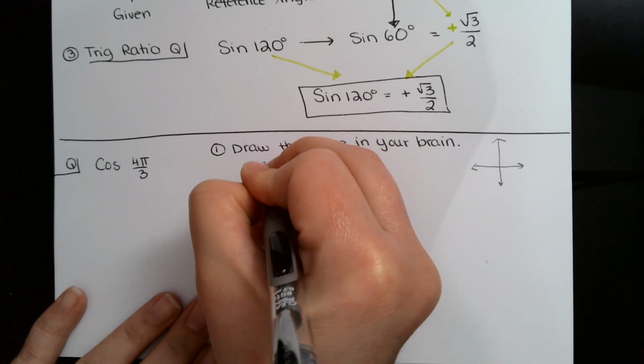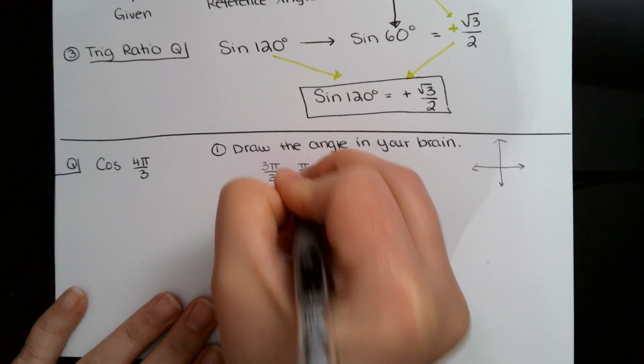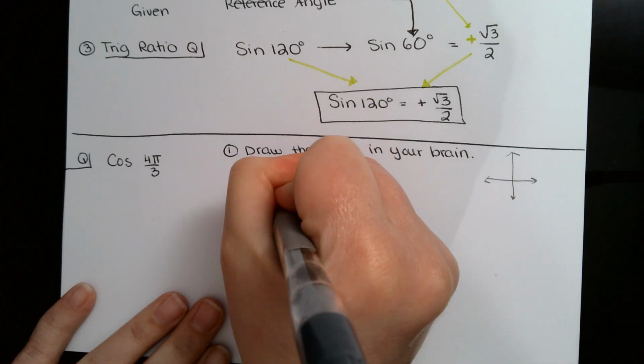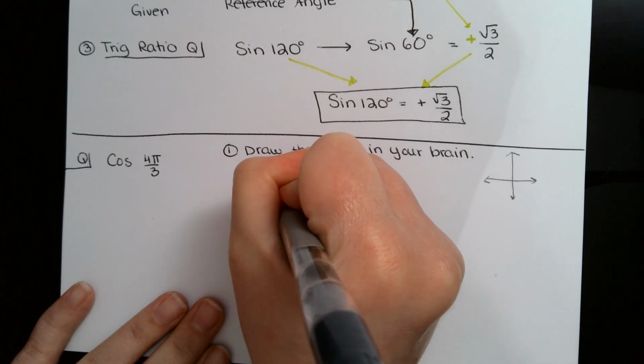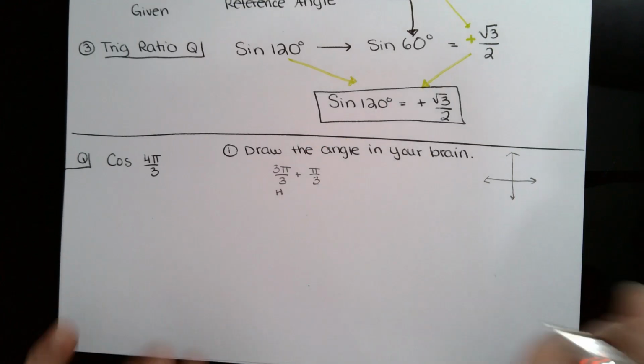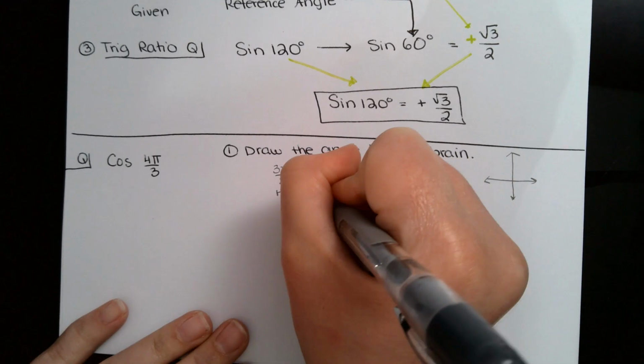So I can split it up as 3 over 3 plus 1 over 3. That gives me 4. That means I have half of a cycle. 3 divided by 3 is 1 pi. And then I have 1/3. 1/3, if you want to equivalent that to degrees, that is 60 degrees.